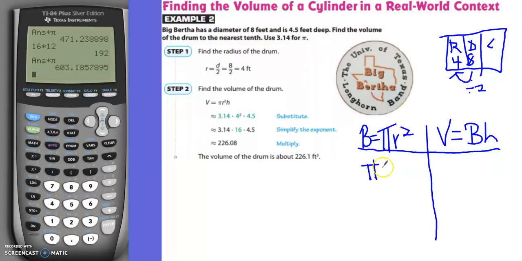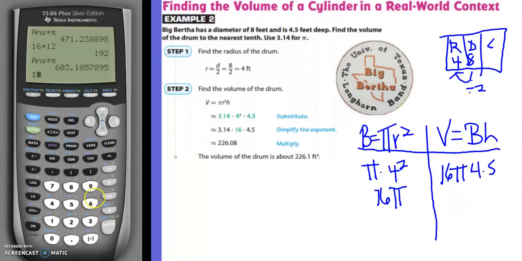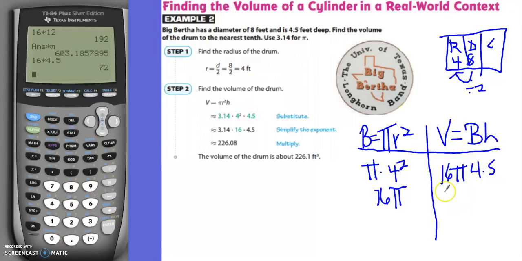So pi times 4 squared. 4 squared is 16, so we have 16 pi. We're going to do 16 pi, and the height of the drum is 4.5. So 16 times 4.5 is 72.